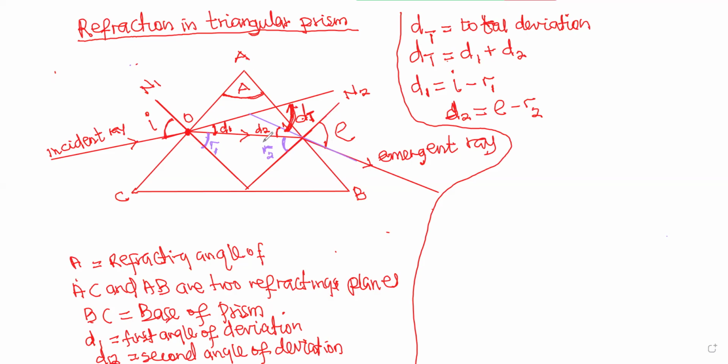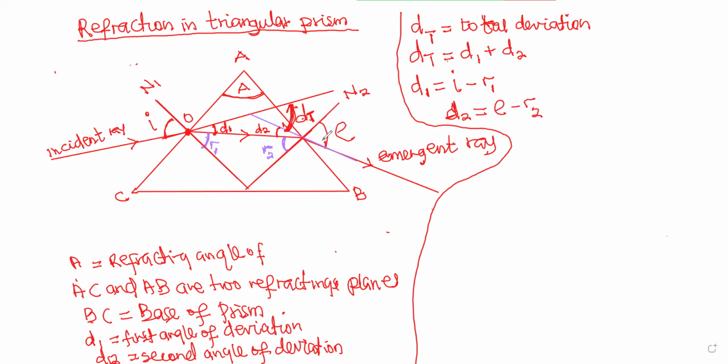For the plane AB, the refracted ray becomes the incident ray, and because it is coming from glass to air, it will bend away from the normal. So this is the second normal to the plane AB. Frank, are you following? Yes, sir.